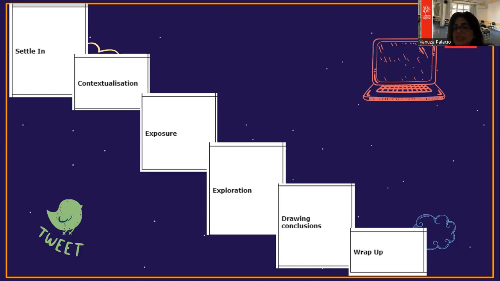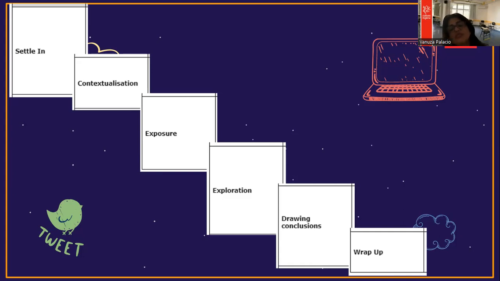In the contextualization stage, students are offered the opportunity of seeing the topic and the subject matter in context. In the exposure stage, students have the opportunity of noticing the content or the subject matter at hand. In the exploration stage, students have the opportunity of experimenting with and practicing the content matter as such.